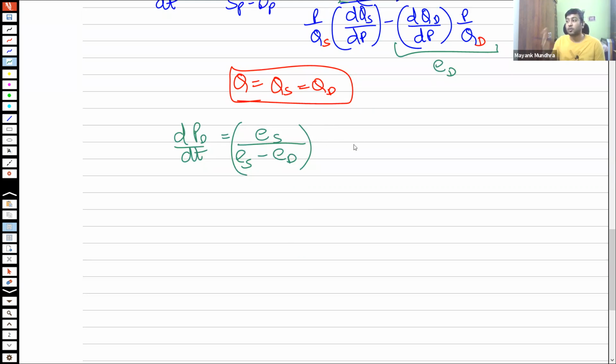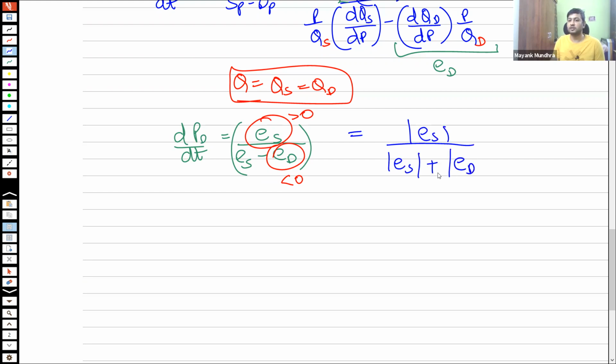And if I want to write it in modulus terms, since you know that elasticity of supply is positive and elasticity of demand is negative, this is going to be mod elasticity of supply upon mod elasticity of supply plus mod elasticity of demand.